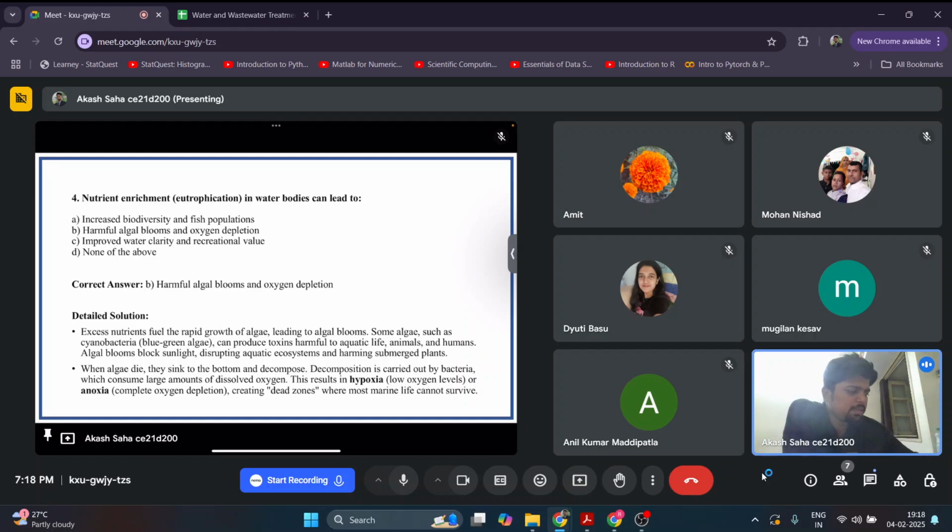So very simple thing, which we all know in general. These are the two main problems due to nutrient enrichment or eutrophication.